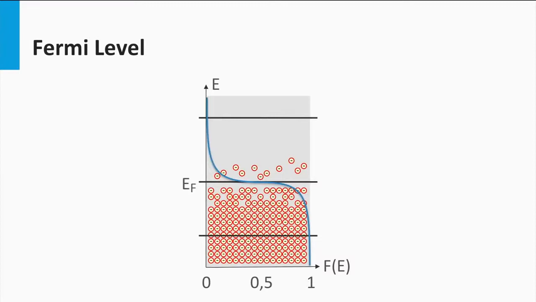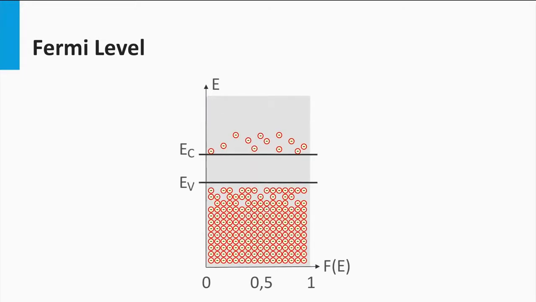For higher temperatures, this distribution starts to broaden around the Fermi level. Around the Fermi level, the occupation probability takes values between 0 and 1. The higher the temperature, the broader the distribution around the Fermi level will be. As you can see, a metal has only one electronic band.